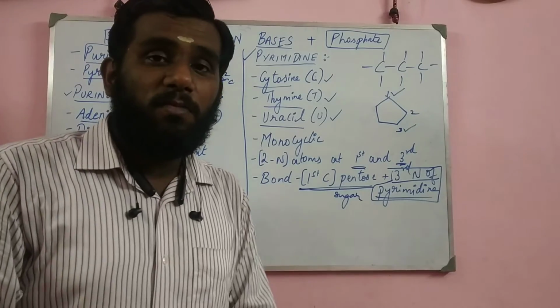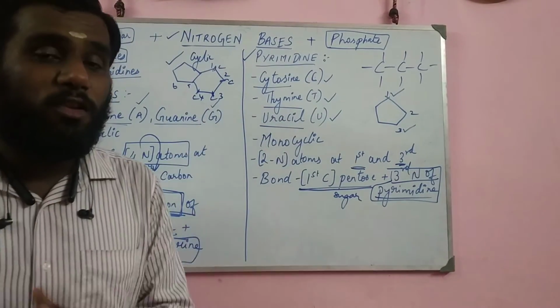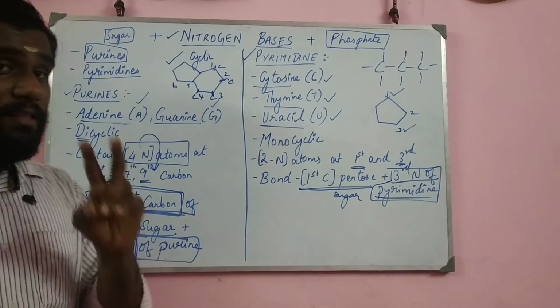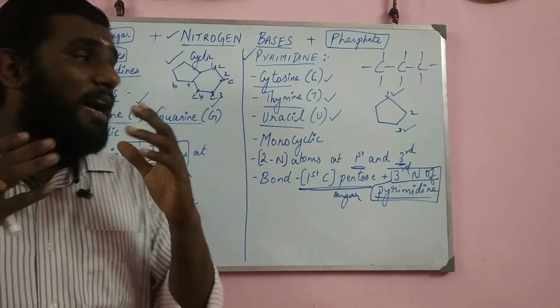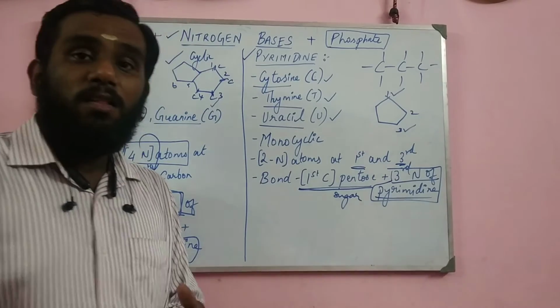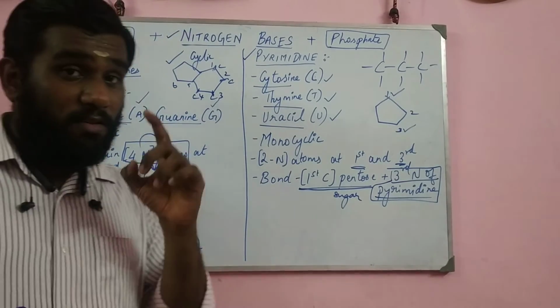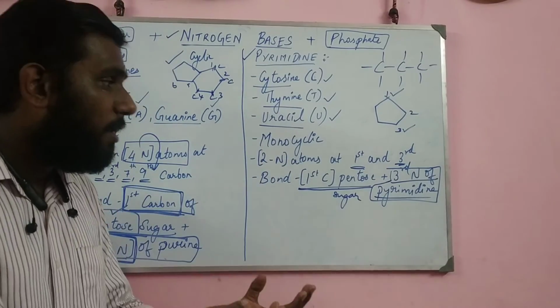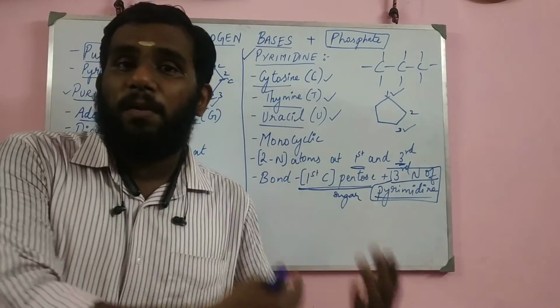Coming to pyrimidine, they are of 3 categories, 3 molecules basically: cytosine, thymine, and uracil. They are monocyclic. They contain only 2 nitrogen atoms at the first and the third position. The bonding always takes place with the first carbon of the pentose, which is common for purine and pyrimidine, and the third nitrogen of the pyrimidine.